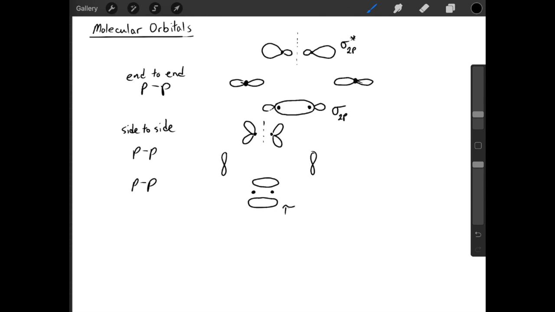So you have a pi 2p and a pi star 2p. The other type of p to p overlap that's side-to-side is when you have the p orbitals oriented coming into and out of the page. And the structures for these molecular orbitals are exactly like the structures we just drew, but rotated 90 degrees.